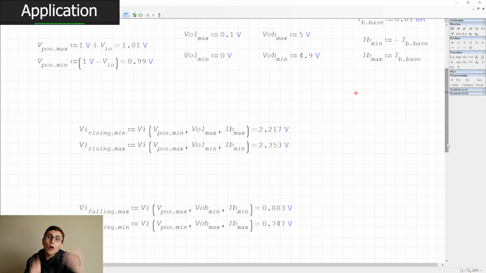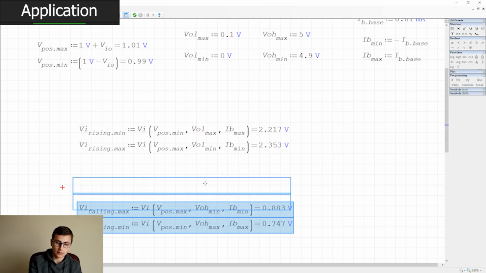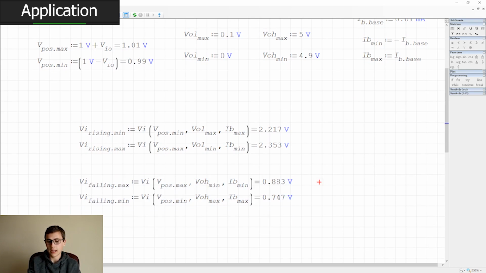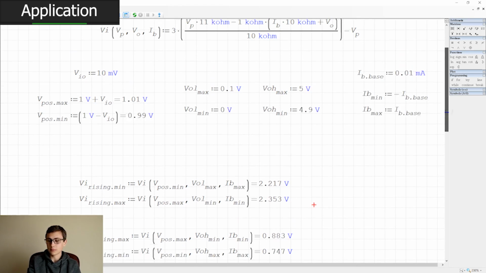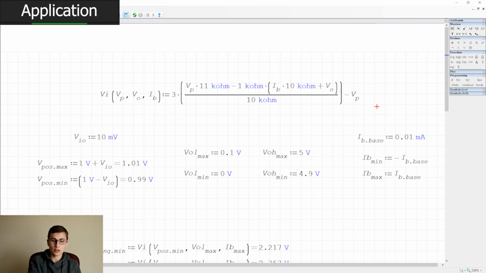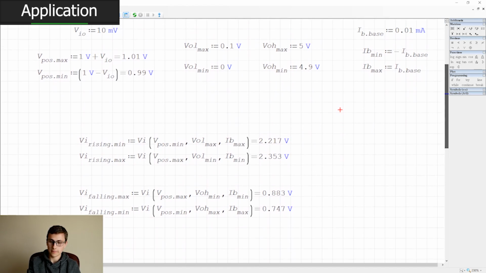So what was the purpose of applying nodal analysis to find these equations? It's right here. Because now when it comes time to actually figure out how the system will behave, it becomes trivial. We use this equation that we derived based on the system, based on our node equations.